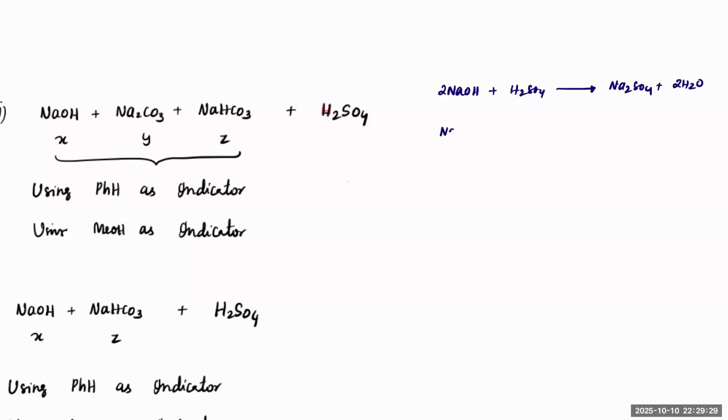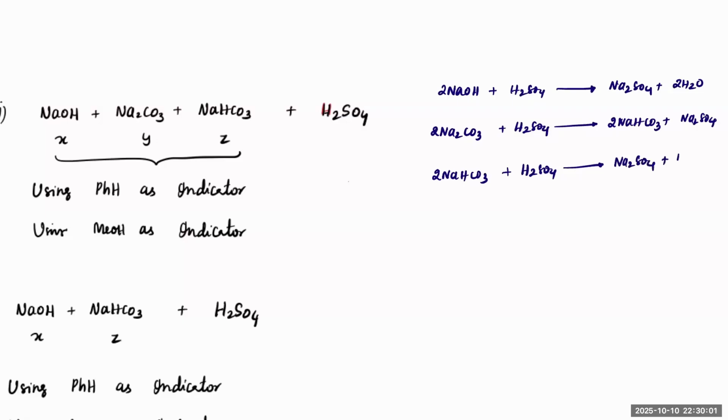Second, Na2CO3 will be reacting with H2SO4, 2 moles here. That will first convert into 2 moles of NaHCO3 plus Na2SO4. And 2 moles of NaHCO3 will be reacting with H2SO4 to convert that into Na2SO4 plus H2O plus CO2.